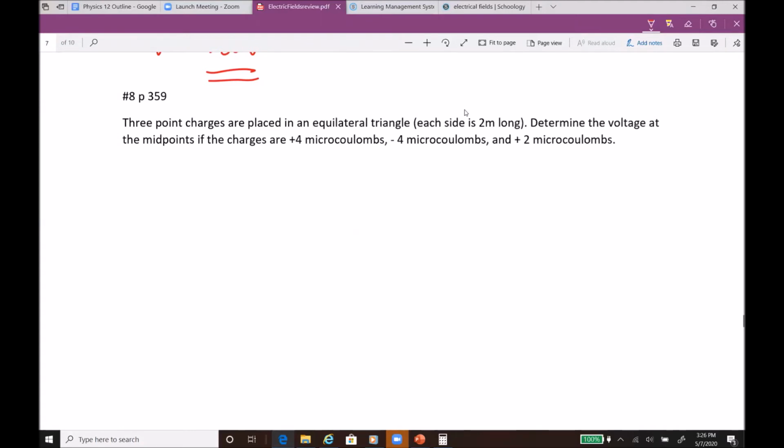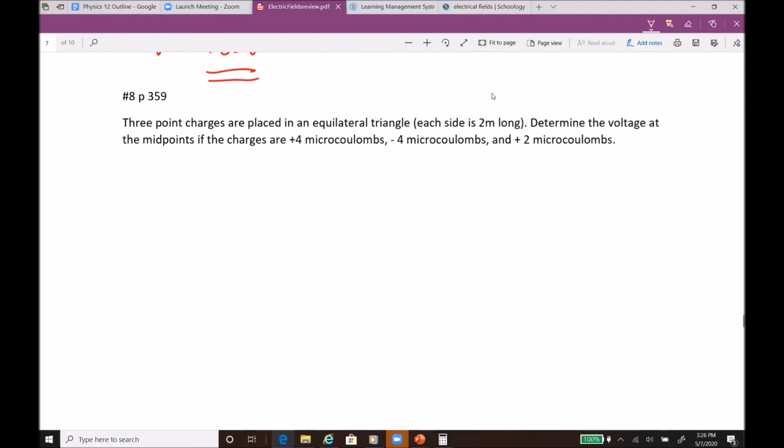So maybe we should look at this question. Number 8 on page 359. You have 3 objects. Now we'll just do one, just to show you how to do it. You can do the rest because the method's going to be the same.